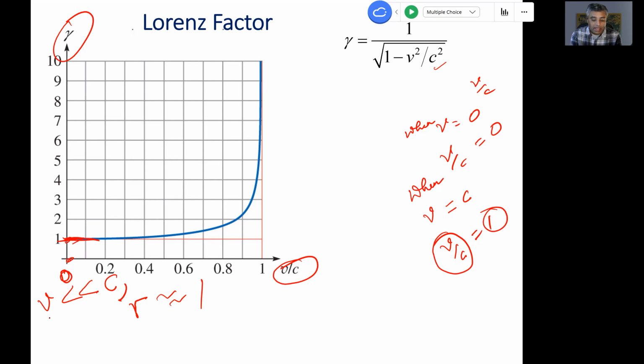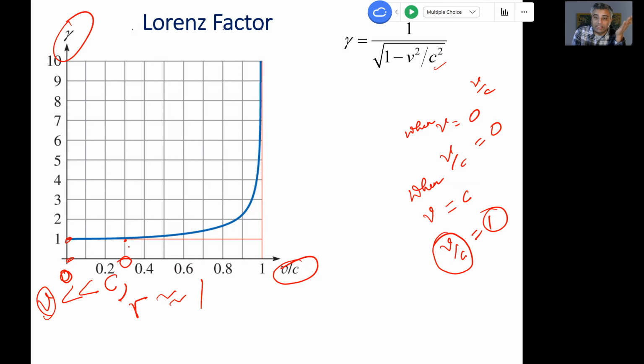But as v becomes somewhat comparable to c, then gamma starts taking off. For example, even in this plot, we can see this line starts becoming different than 1 starting from 0.25 here, right?